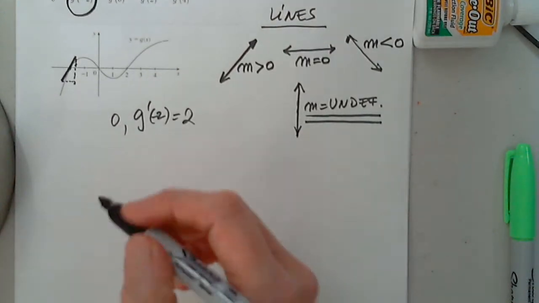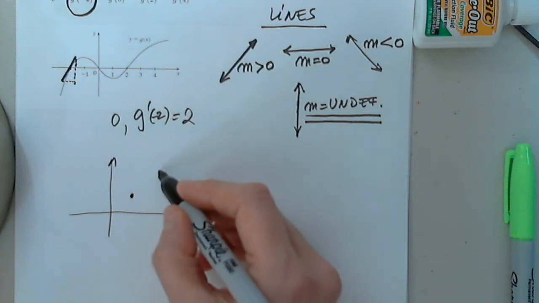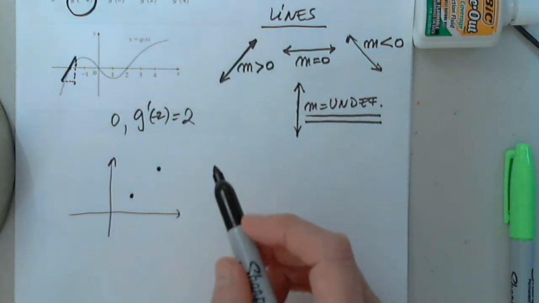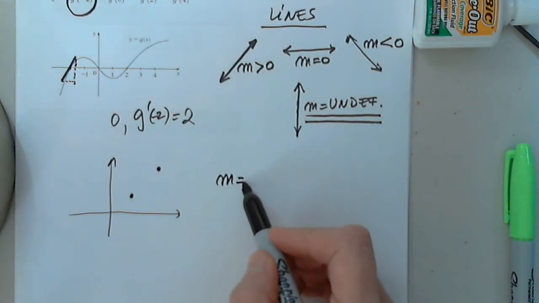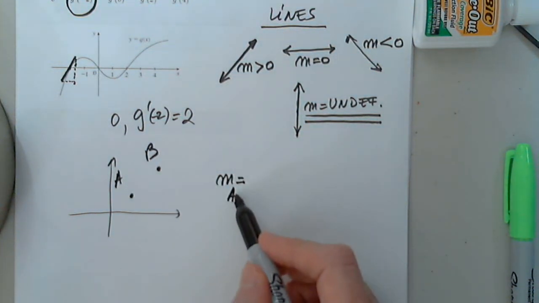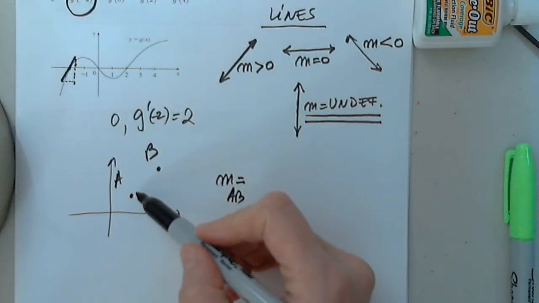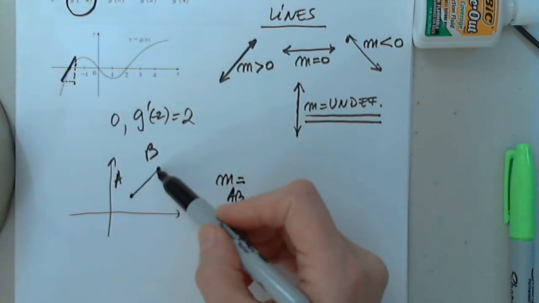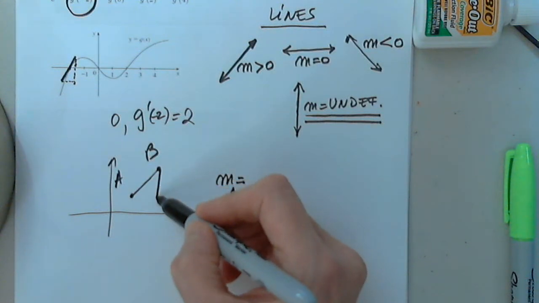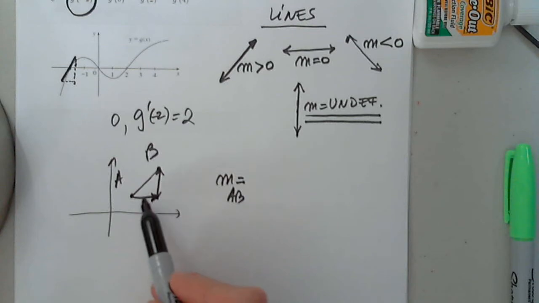Okay. So let's say I have these 2 points. I'm asked to find the slope of the line passing through them. Point A, point B, I want to find the slope of the line passing through these 2 points. How do I determine the rise? How do I determine the run?